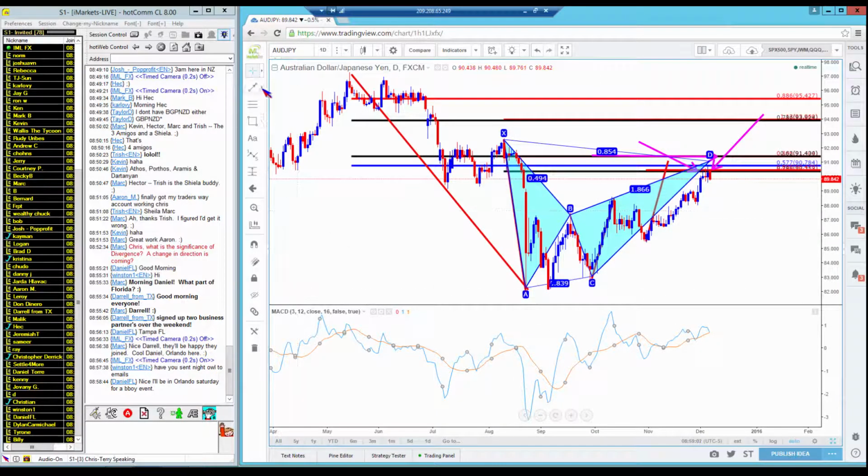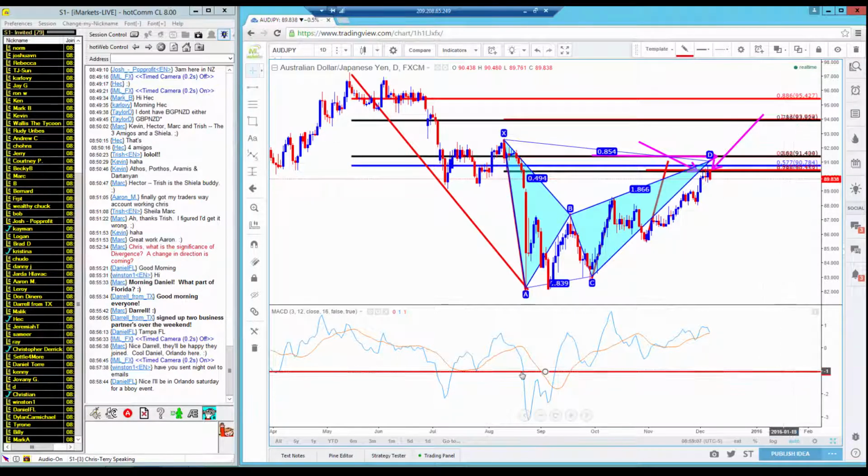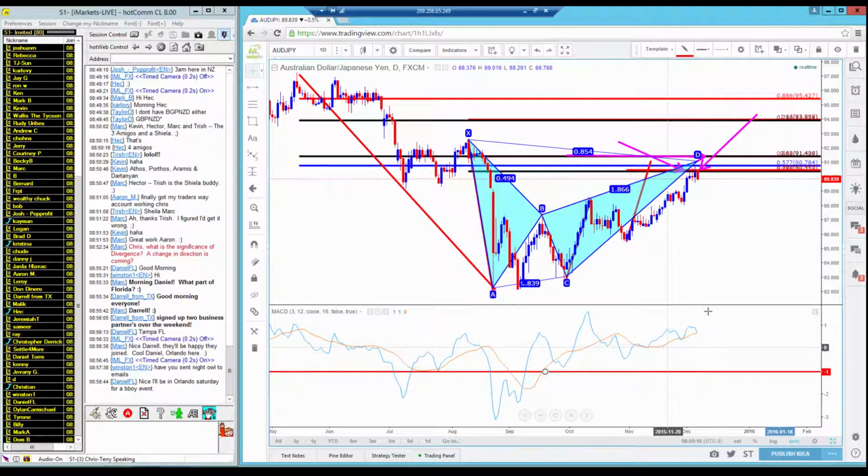All right. What I like to do is put a horizontal line in there, right at the one line, because they don't have it here on TradingView.